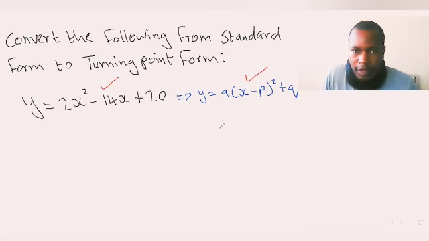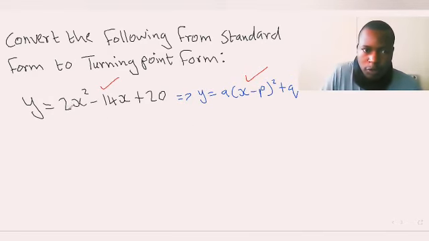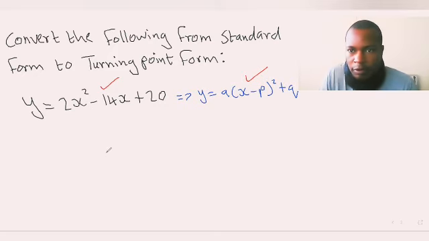So the first thing to do is to always factor out whatever is common. The coefficient of x squared has to be 1, so you have to factor out whatever needs factoring out. Again, the coefficient of x squared has to be 1.